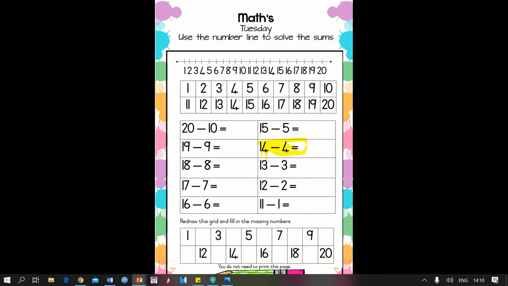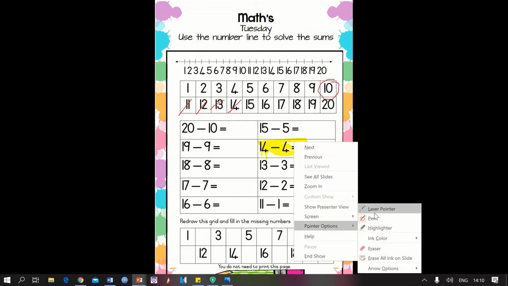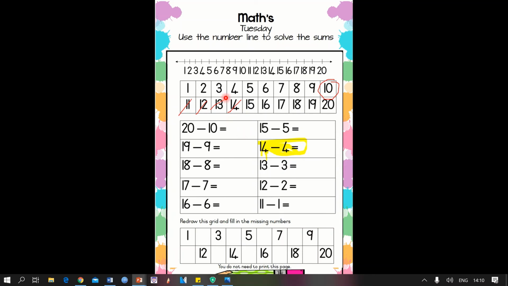So our finger is on 14. We go 1, 2, 3, 4. And my next number available again is number 10. So 14 take away 4 is 10. We started on 14, which is over here, and we took away 4. We crossed 4 out. So that is how we count backwards using a number grid.